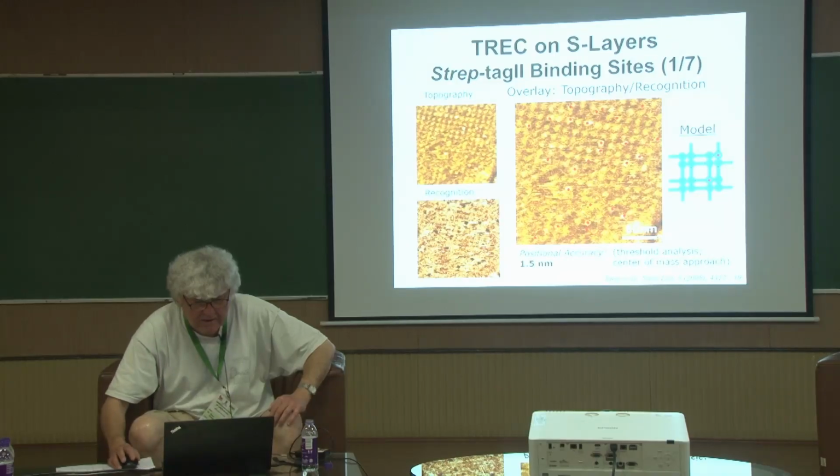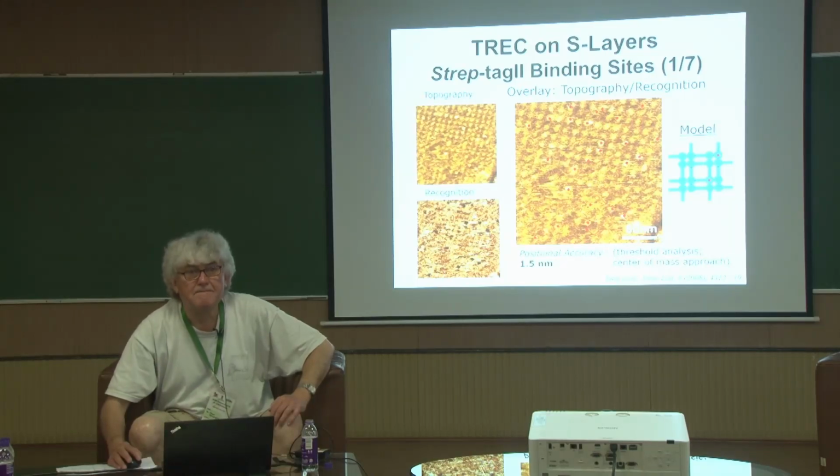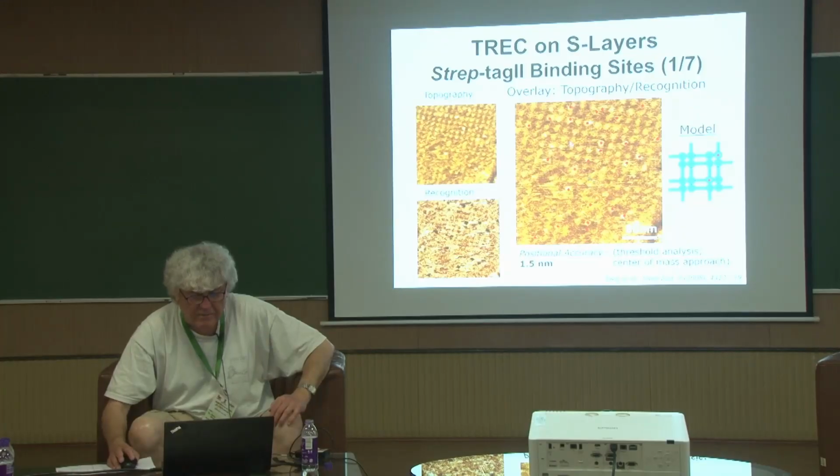If we bind streptavidin to the tip, we can see that we only detect a recognition signal in 1/7 of the proteins. This is because the wild type protein does not bind, only each seventh, and we can localize this. This is the overlay of the topography and recognition image, and that's the model of what we get. The positional accuracy for detecting a recognition site is 1.5 nanometers.